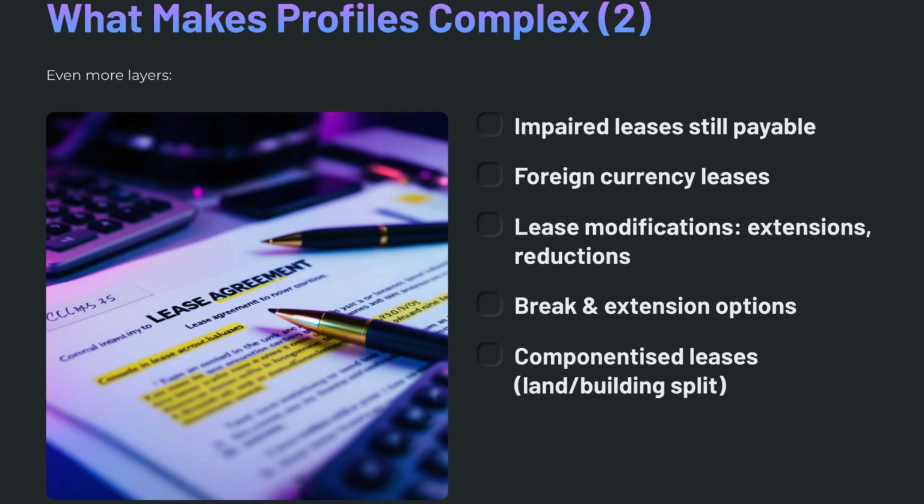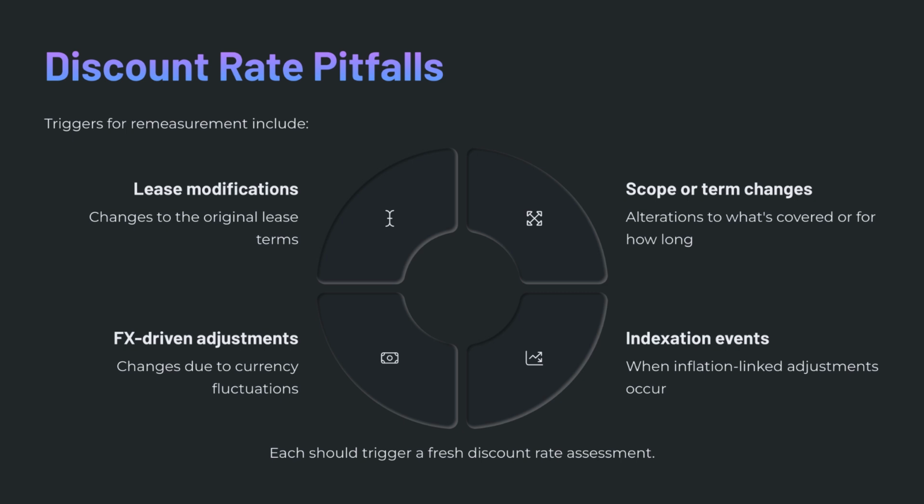Remeasurement versus discount rate. Now let's clarify something that's often misunderstood. If you modify a lease, by changing the term or scope, or extending or reducing the asset, that triggers remeasurement. And when that happens, you must reassess the discount rate. But if the payments change due to CPI, that's different.